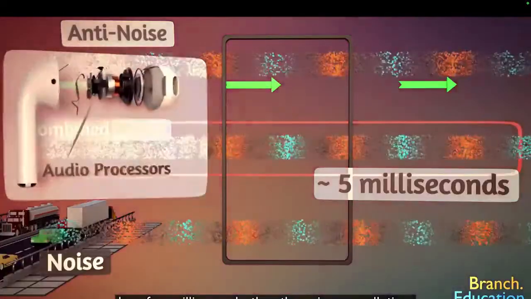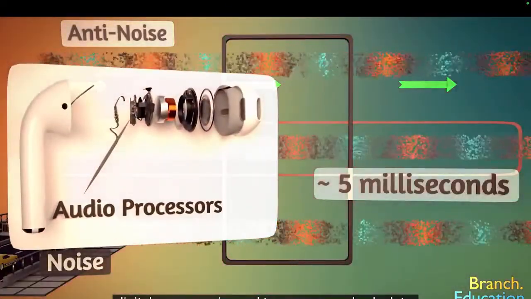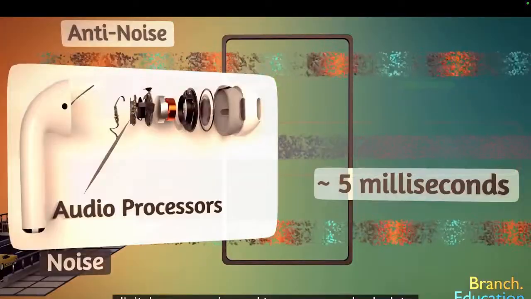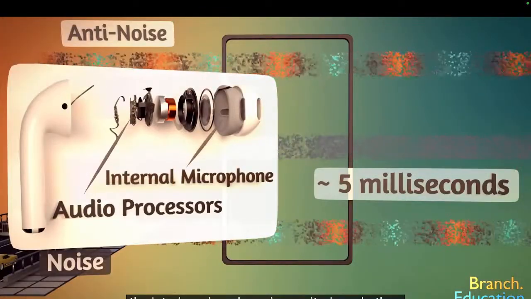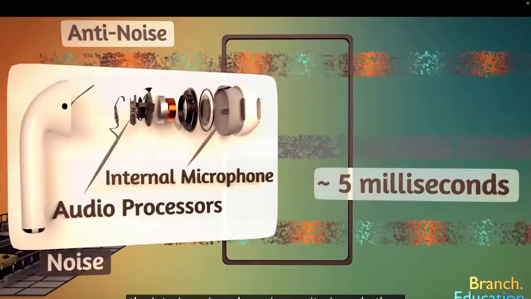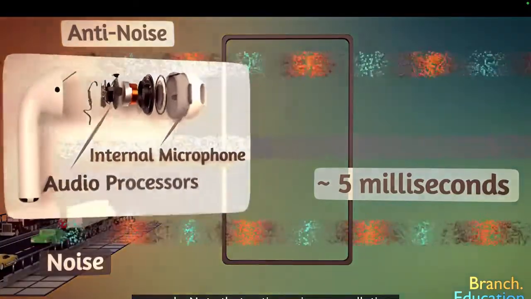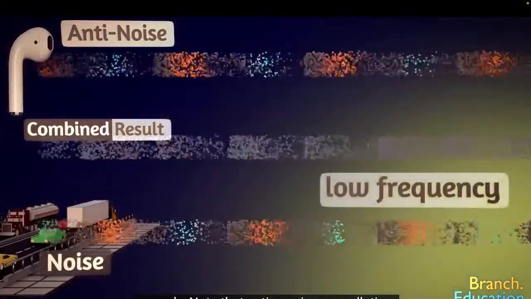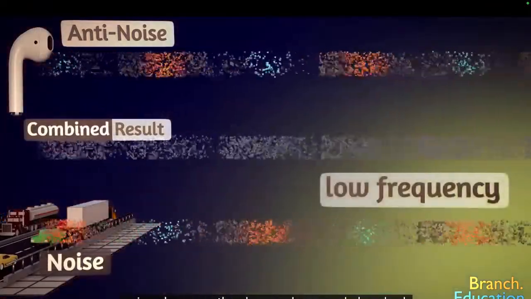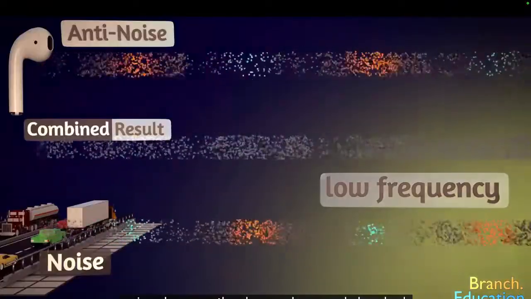Therefore, a high-powered digital processor is used to measure and calculate the perfect anti-sound wave, while simultaneously, the interior microphone is monitoring whether the active noise cancellation is in fact working properly. Note that active noise cancellation is more effective for low-frequency, repetitive noises because they have only a couple hundred peaks and troughs, or wavelengths, every second.